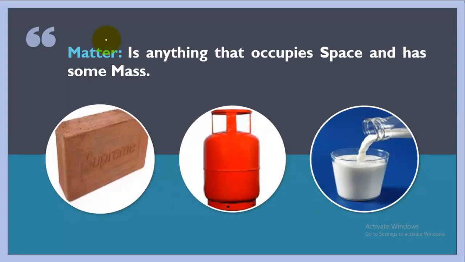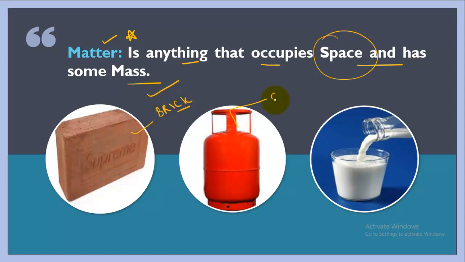So the first thing which we'll be doing is matter. What is matter? See, matter is anything that occupies space and has mass. As I told you, if you have anything and it is occupying a certain space and possesses mass also, that is regarded as matter. Let's take a few examples. As you can see in this picture, this is a brick, and this is a cylinder that you all use, right?